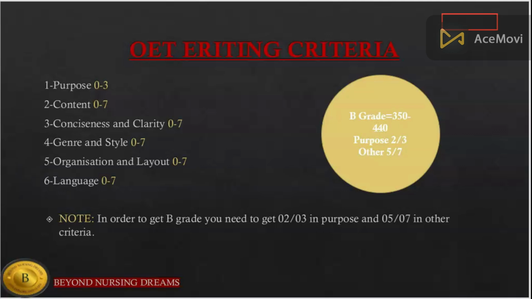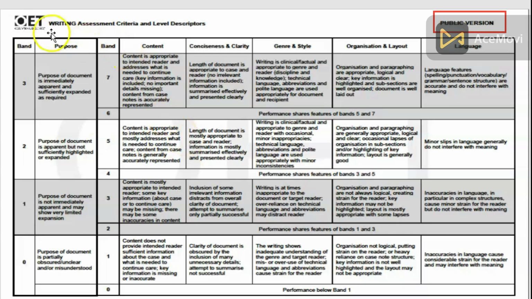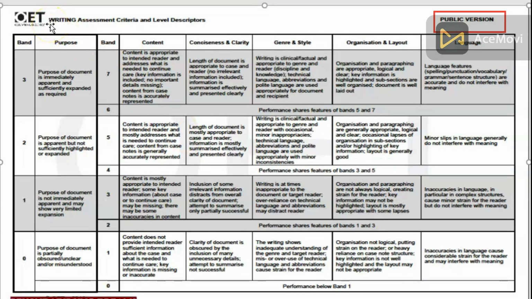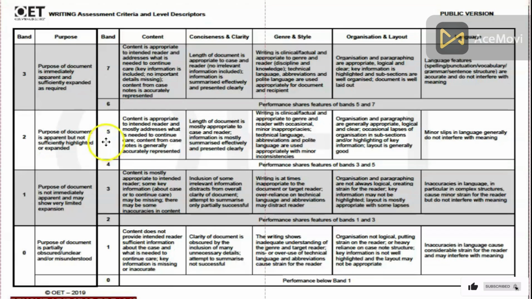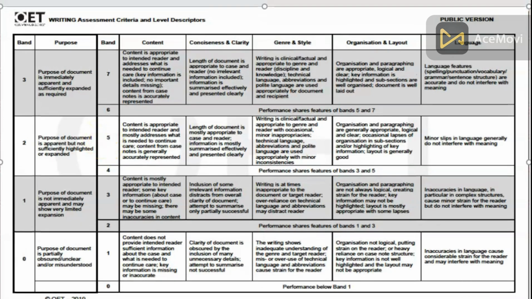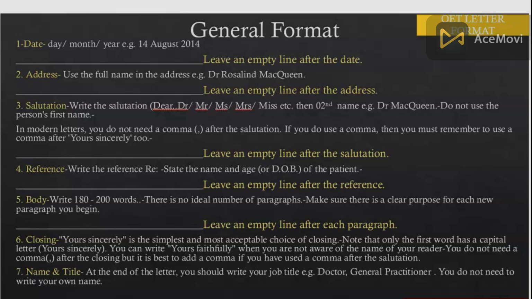This criteria is also available on the OET official website, and you can download the public version from there. I suggest that you try to understand and learn it by heart, because it is a very crucial and important component of the OET letter.